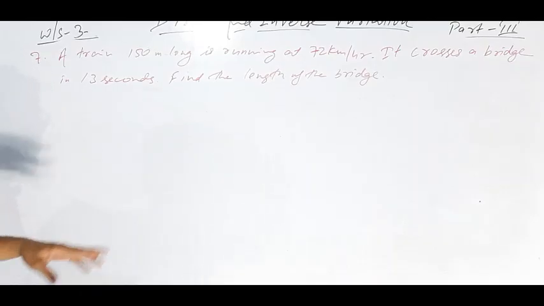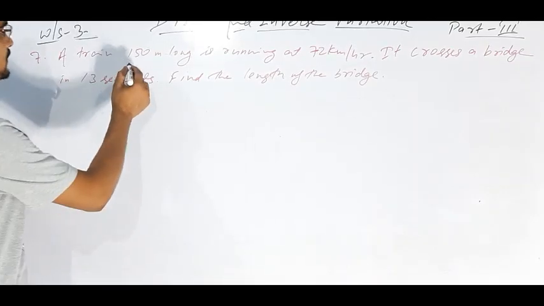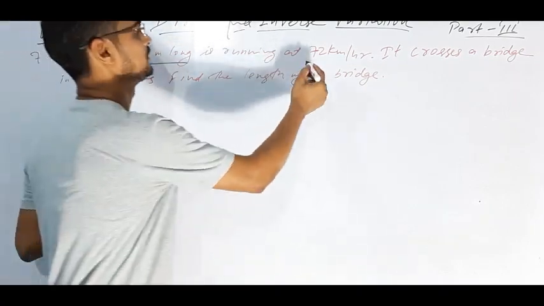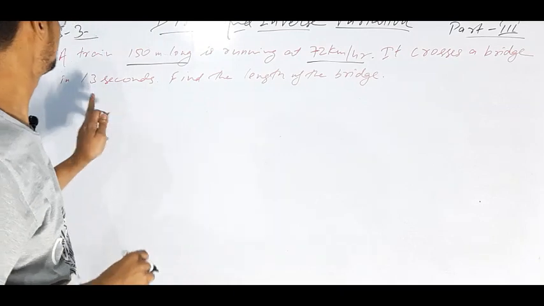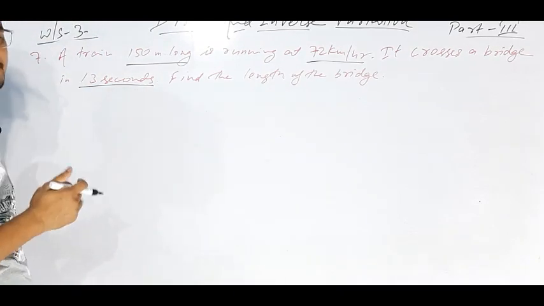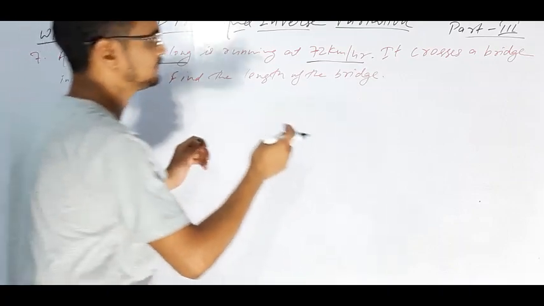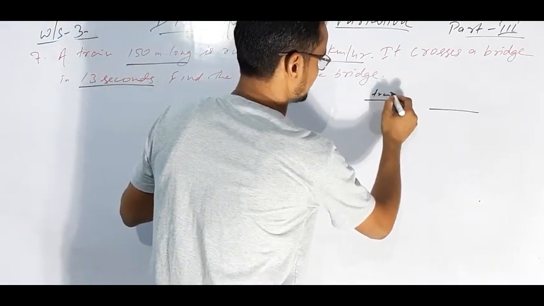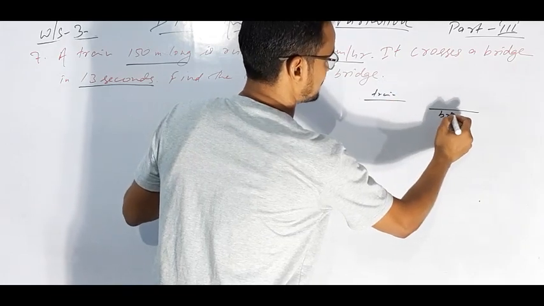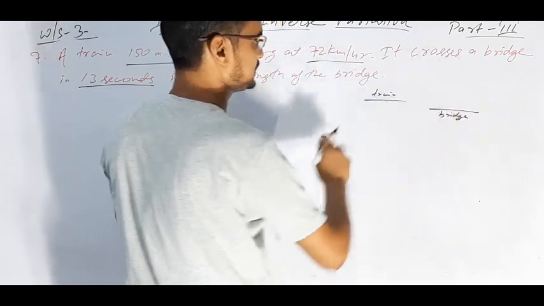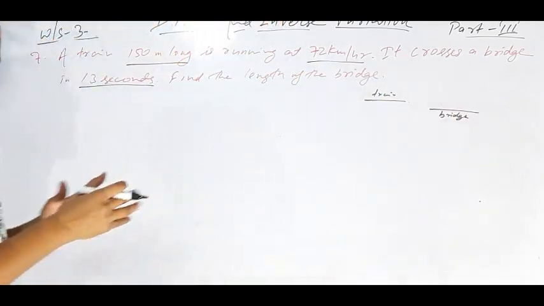In the next question, a train 150 meter long is running at 72 km per hour. It crosses a bridge in 13 seconds. We have to find the length of the bridge. As we have discussed, this is the train, and this is the bridge. And the train has to pass that bridge, so the distance travelled must be added.